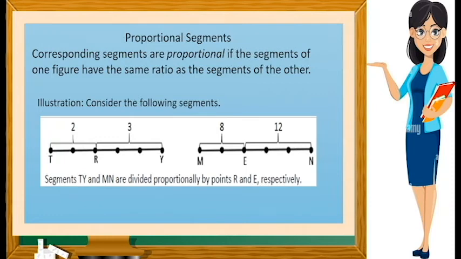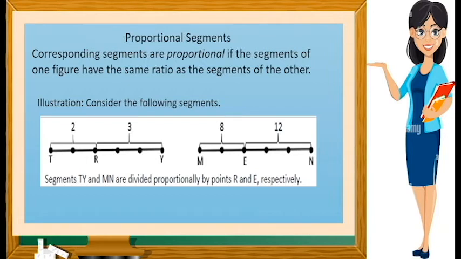segments TY and MN are divided proportionally by points R and E respectively. TR over TY is equal to ME over MN. RY is to TY as EN is to MN.